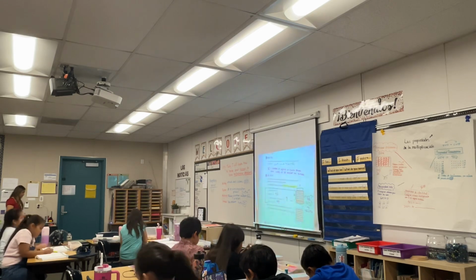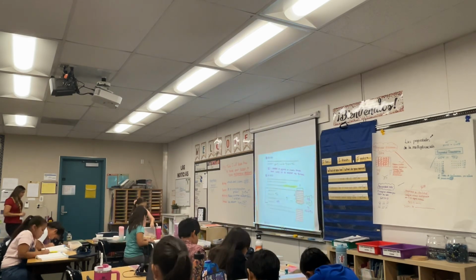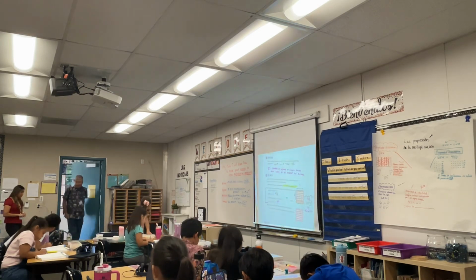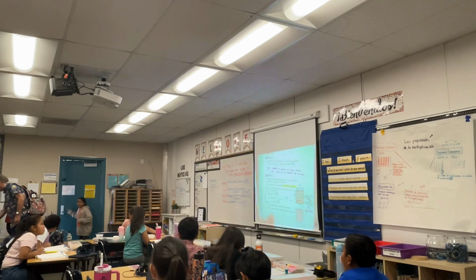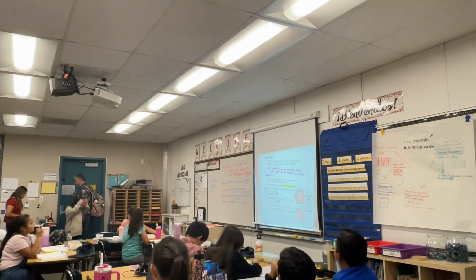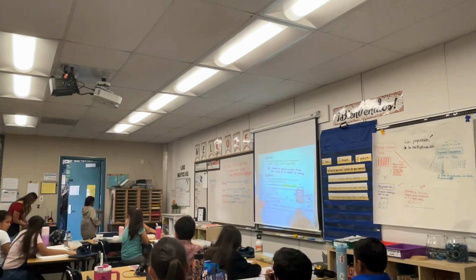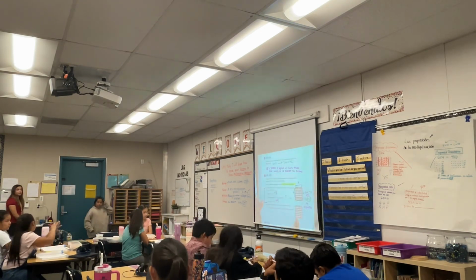Now B says you can use problems you solved in previous lessons. Fill in the blank to show how the array is broken apart here. So 7 times 7, we already said, look, it's broken apart differently here. So how is it broken apart here? How many is in this box?